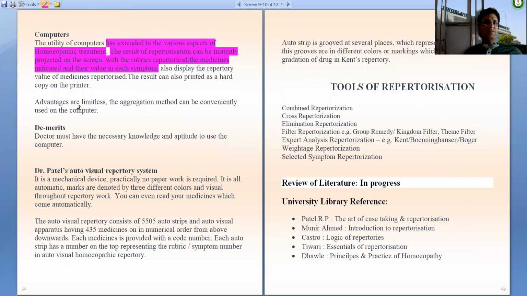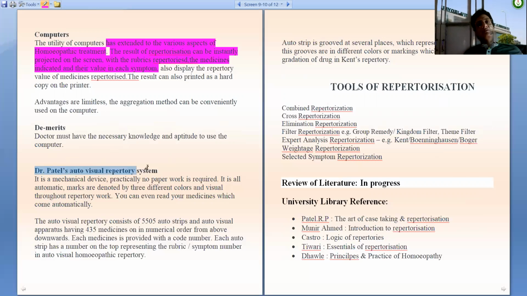The advantages of such software methods are limitless, and the aggregation method can be conveniently used on computer. But the demerit of using software repertory is that one must have proper knowledge or proper aptitude of software or computers. Otherwise, the result will be misleading.